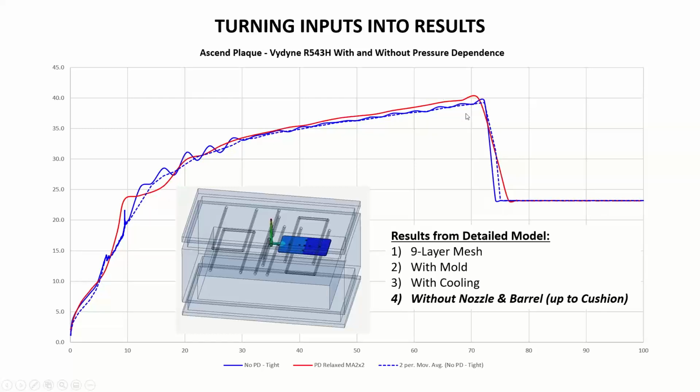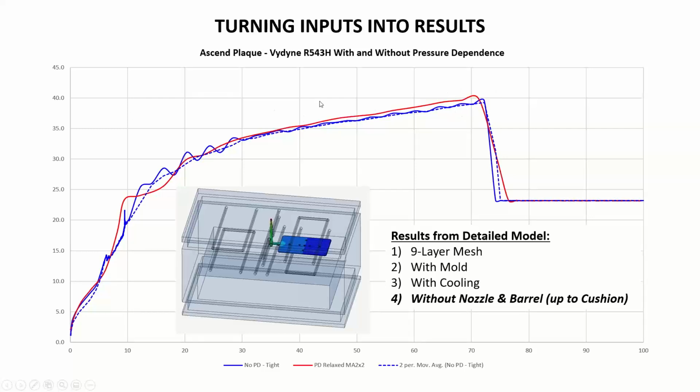With tight tolerance, that takes a much, much longer time and takes a whole lot more memory. So I ran it with relaxed tolerance. But looking at the results of relaxed versus tight without pressure dependence, they're very much the same. I'm getting essentially the exact same answer.